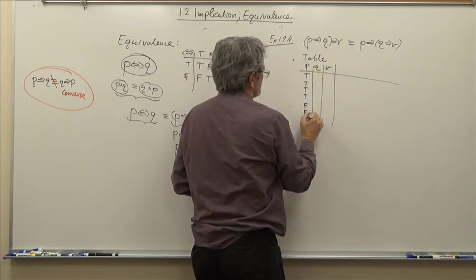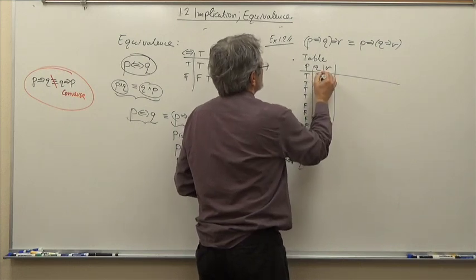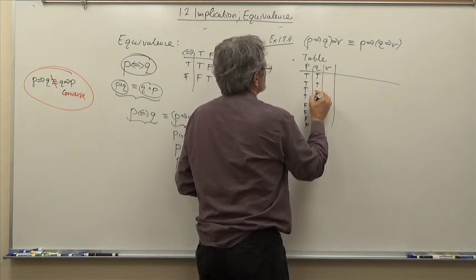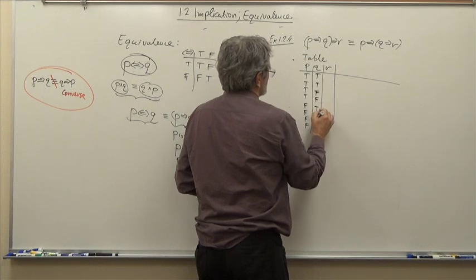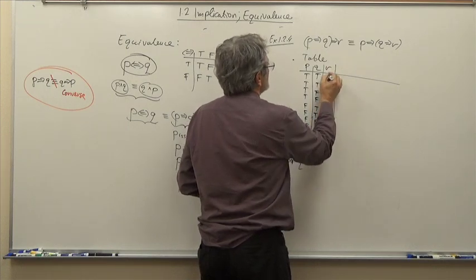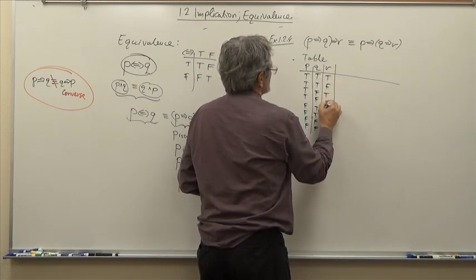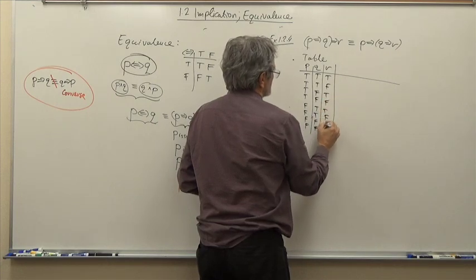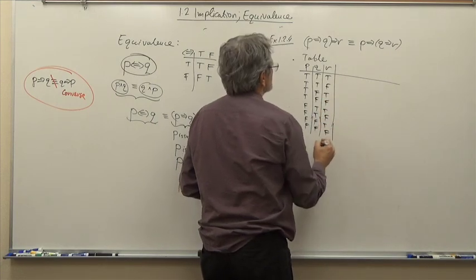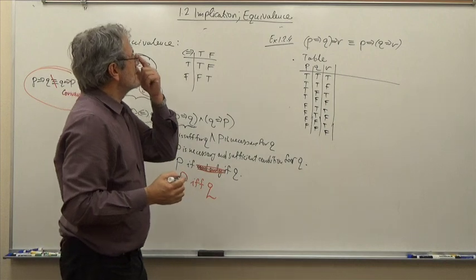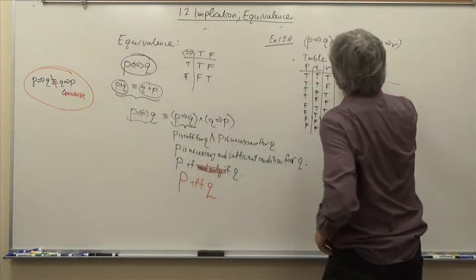False, false, false, false. Then true, true, false, false, true, true, false, false. True, false, true, false, true, false, true, false. Here are 8 options. So P implies Q.